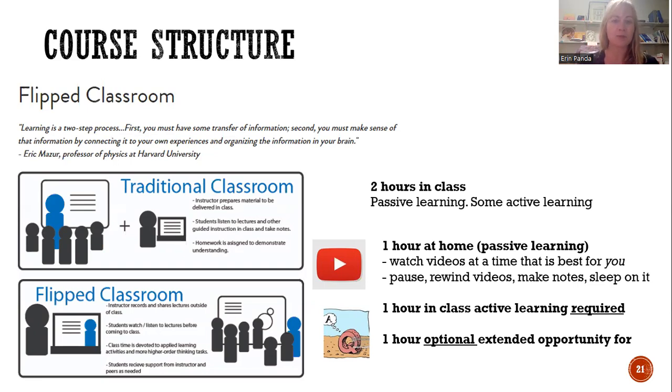Then when you come to class, we've got a lot more time to talk about what you learned from those videos, what the main ideas are, what's maybe still unclear and that you'd like more information about, and we'll engage in a lot of discussion and activities where you can really talk about why this information is relevant and apply it to real world examples. So the amount of time that you actually spend in class or you spend learning is the same. We've got 2 hours. It's just where and when this happens is a little bit different.